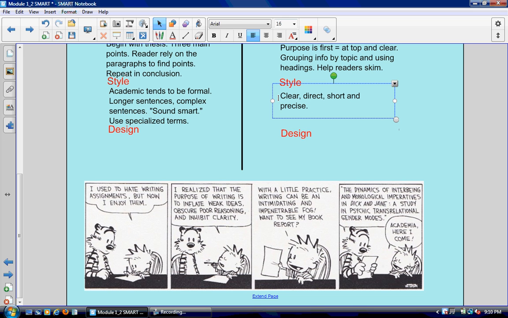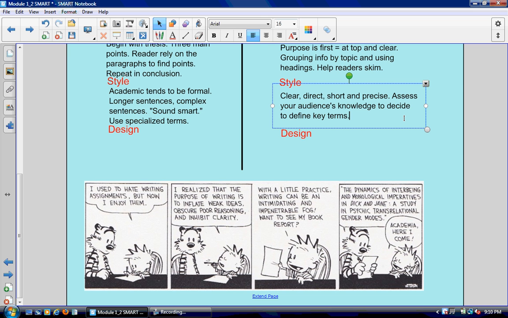It depends on your audience. You want to assess your audience's knowledge and decide whether or not you need to define key terms. So if you are writing to other mechanics, you can use the specialized vocabulary that they'll understand.